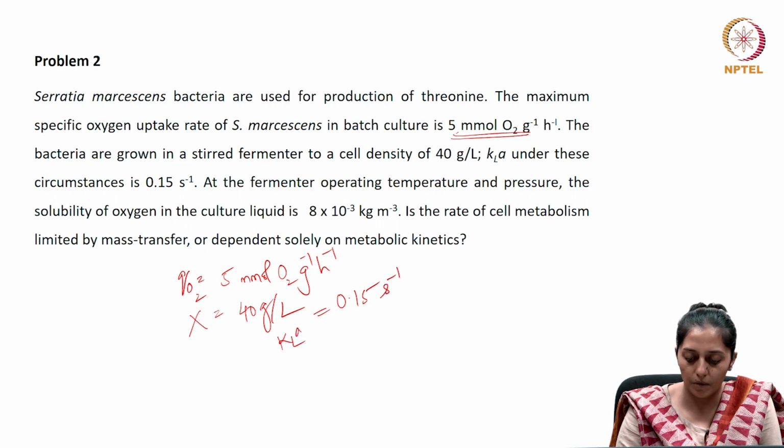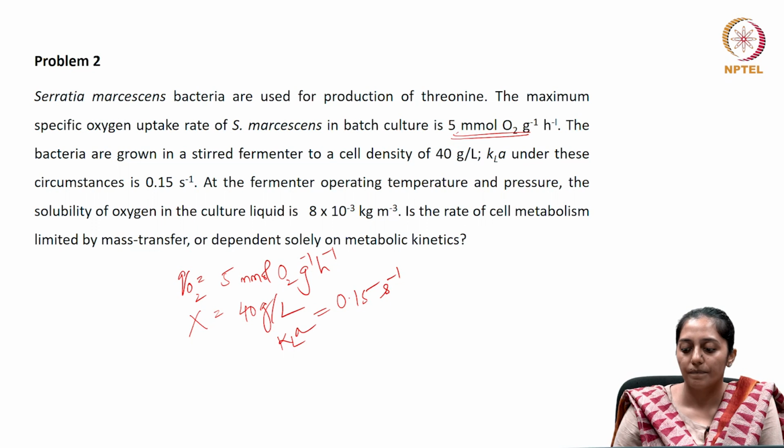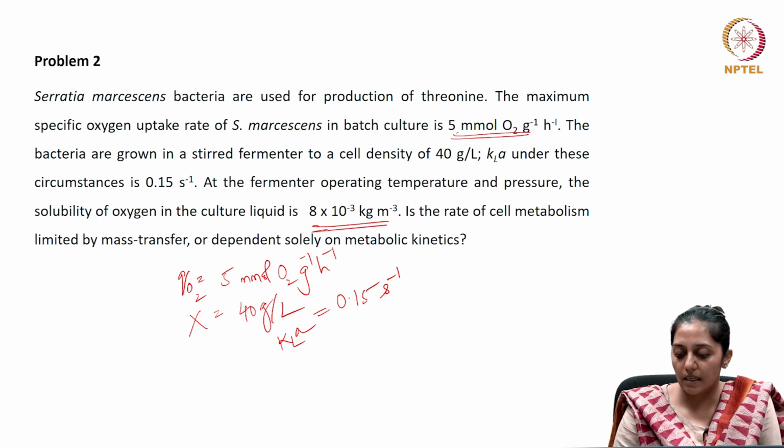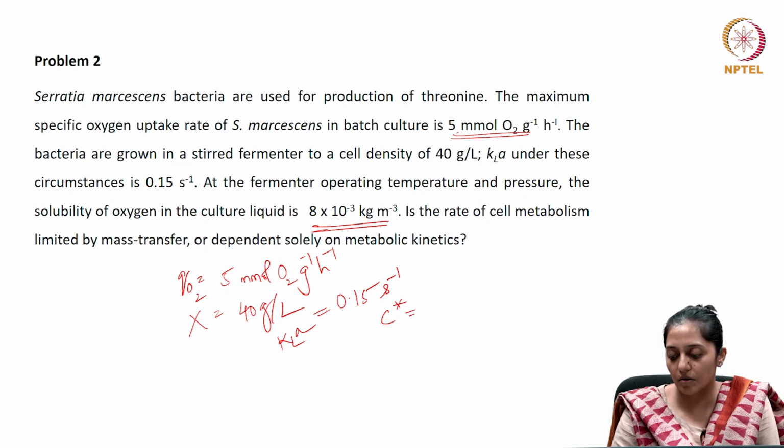So, this is our volumetric mass transfer coefficient. At the operating temperature and pressure, the maximum solubility of oxygen in the liquid is 8 mg per liter. So, this is nothing but our saturation concentration of oxygen in the bulk.